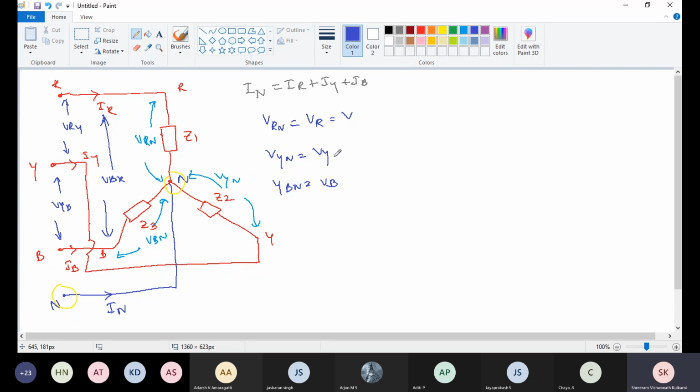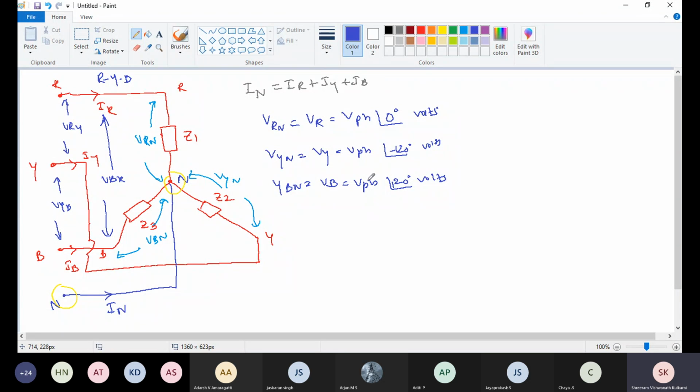If R is my reference point and my sequence is R, Y, B, then VRN is V phase at an angle of 0 degrees, VYN is V phase at an angle of minus 120 degrees, and VBN is V phase at an angle of minus 240 degrees, or plus 120 degrees.